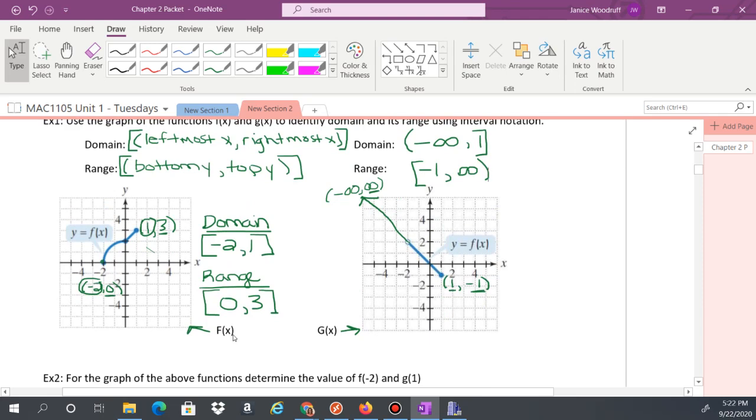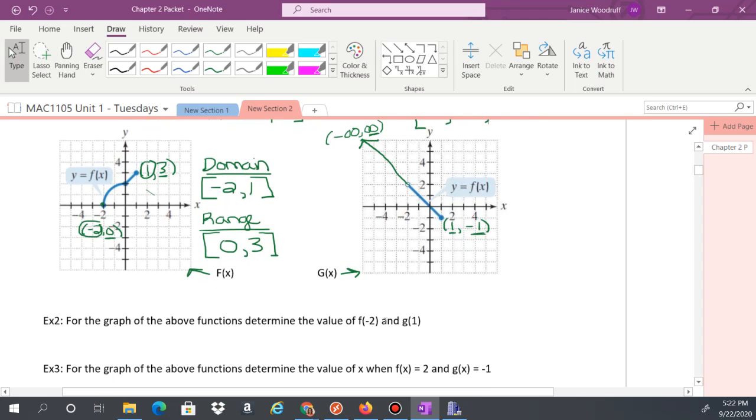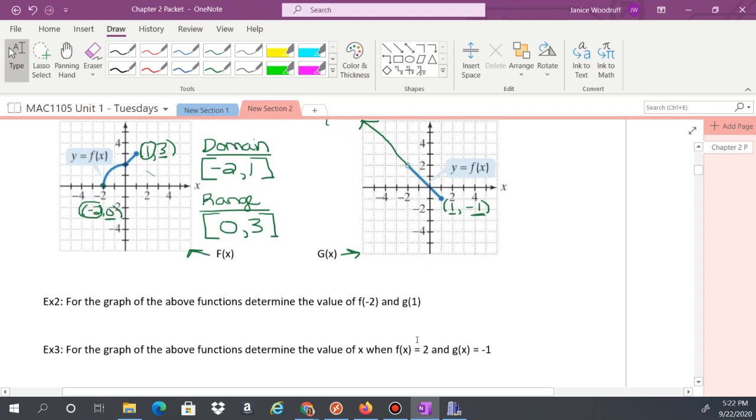It's just a way to name them, so you can designate down here which graph I'm referring to. So if I look at this question, for the graph above, determine the value of f of negative 2 and g of negative 1. That means, okay, for f of negative 2, on this graph named f, where is this point?